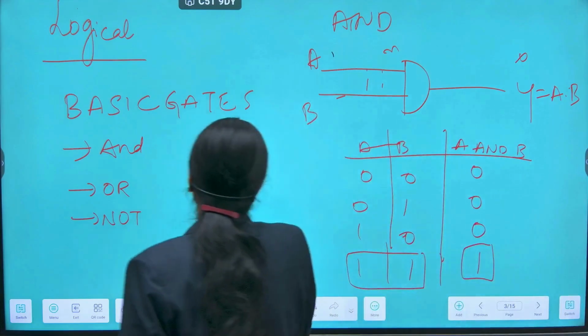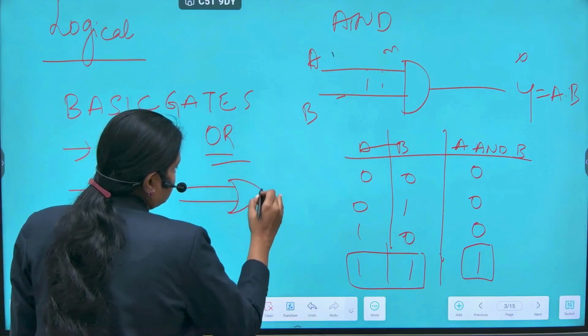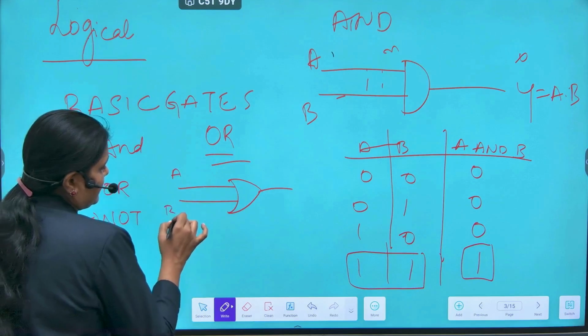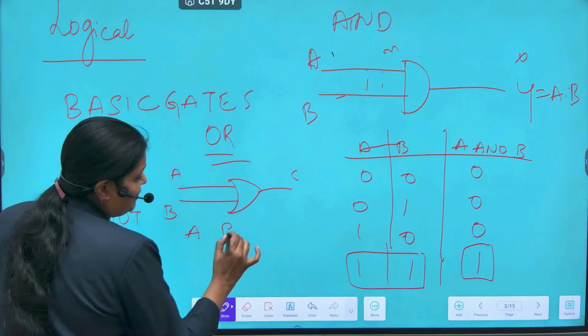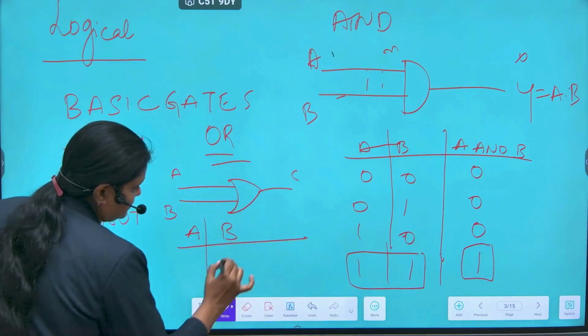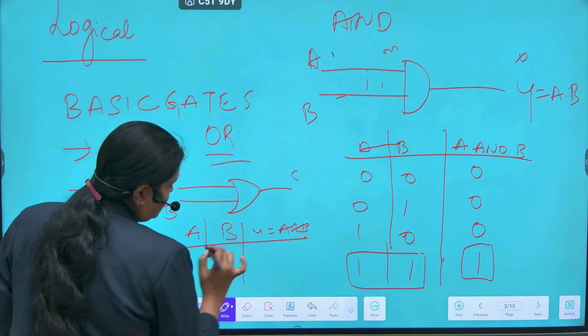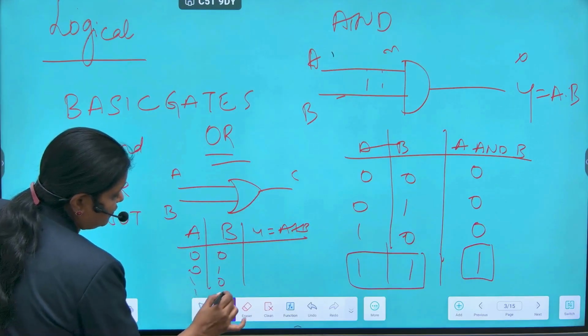Let us look into the OR gate. So this is an OR gate. The OR gate is nothing but A plus B. 0 0, 0 1, 1 0, 1 1.